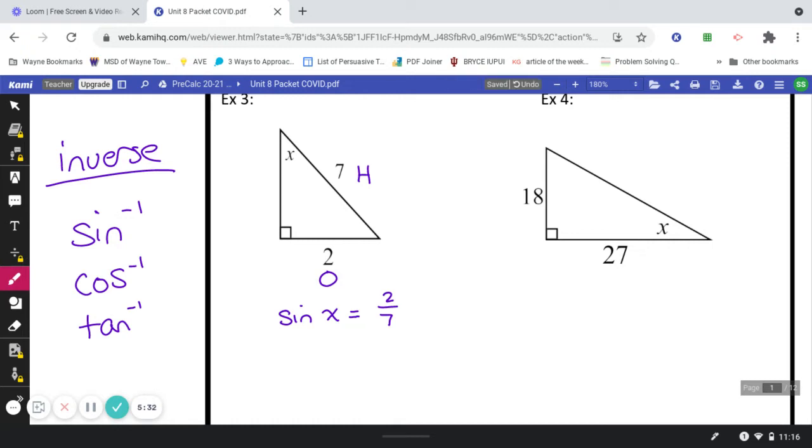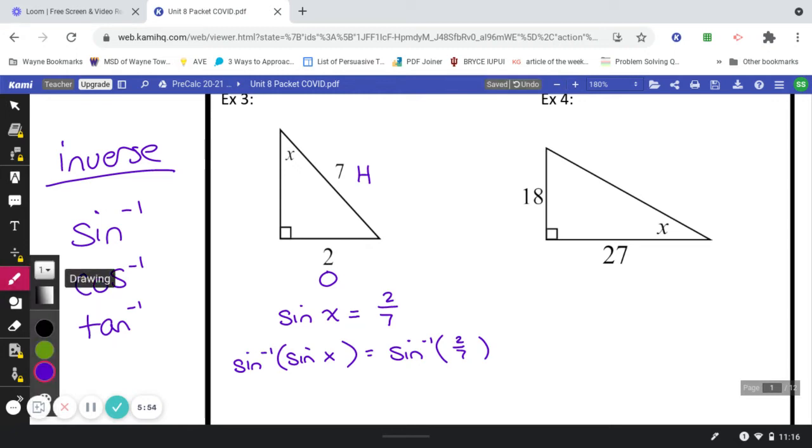Thankfully there's a button on our calculator that'll do this for us. So we do inverse sine on both sides. I'm literally just going to write sine to the -1 on each side and then bring down my equation. Sine inverse and sine on the left cancel out, and that's how I get the x by itself.